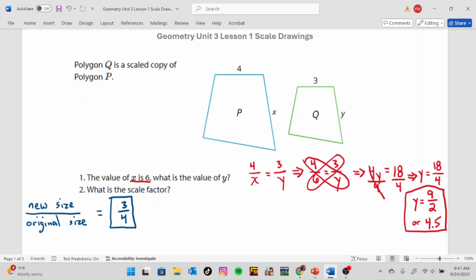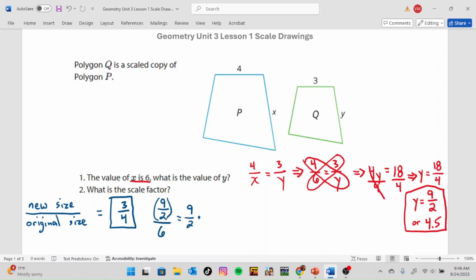You could also do this with the new size. We have a new size of 9 halves. We had an original size of 6. If I have a fraction inside a fraction, or if I'm dividing a fraction, this is the same as multiplying by its inverse.